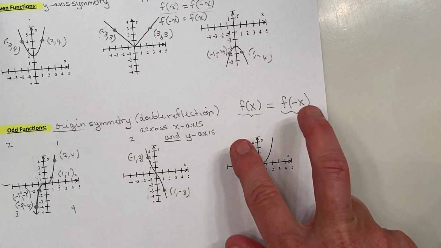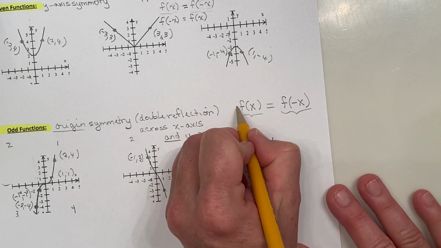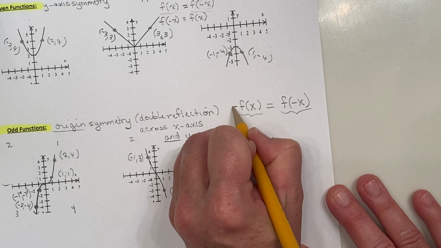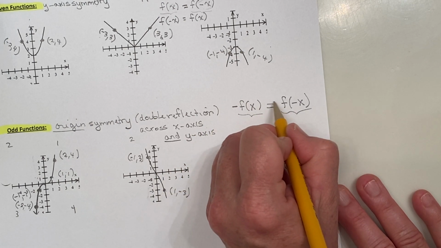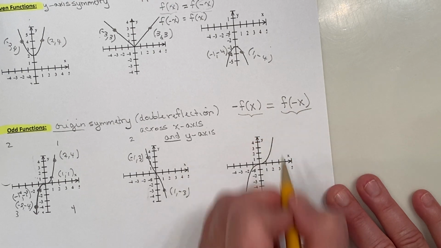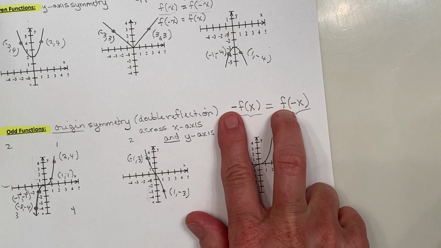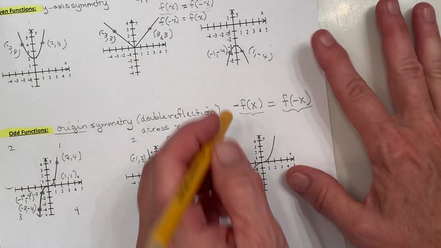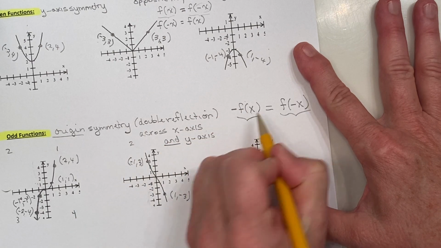What would represent opposite y's? Well, I've got to make one of these, and typically we make it this one, have a negative in front of it. Either I need to put the negative in front here or the negative in front here to indicate this is a negative y. So I've shown opposite x's, and then I've shown opposite y's. The notation is a little strange, I know that.